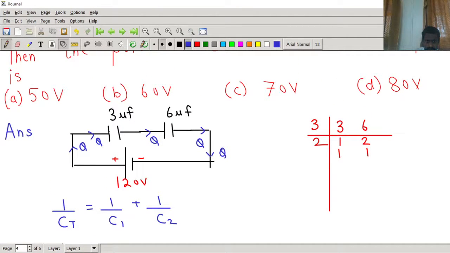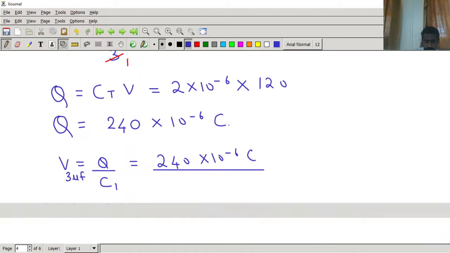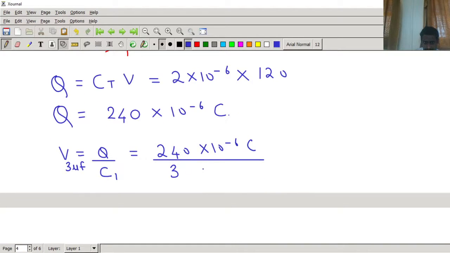The first capacitor, which is given to us in microfarad, we can write in farad, that is 3 multiplied by 10 raised to power minus 6 farad. Therefore the 10 raised to power minus 6 and minus 6 get cancelled, and the answer will be what?